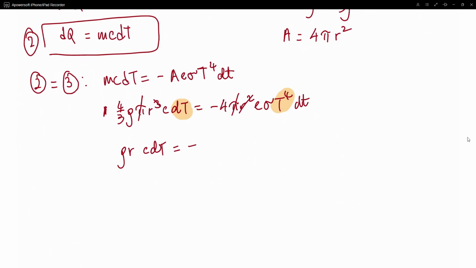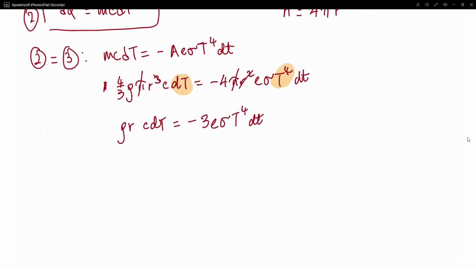So negative 3 epsilon sigma T to the power 4 dt. So let's move this T to the power 4 over. We get rho r c T to the power of negative 4 dT is negative 3 epsilon sigma dt.